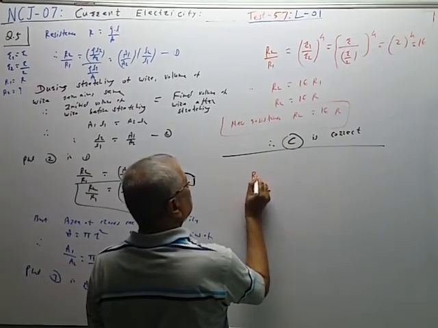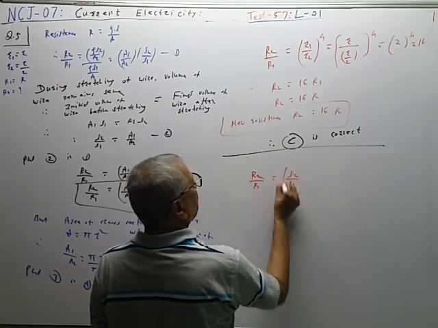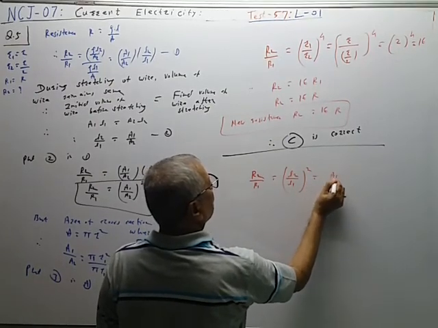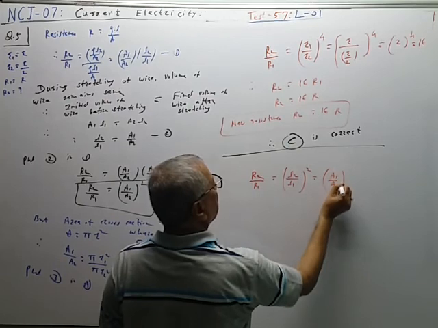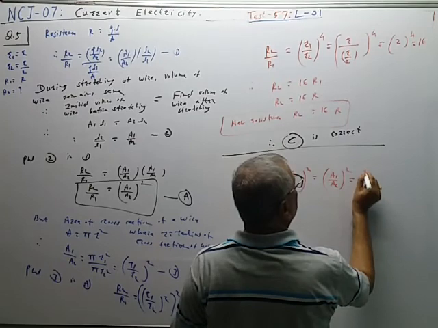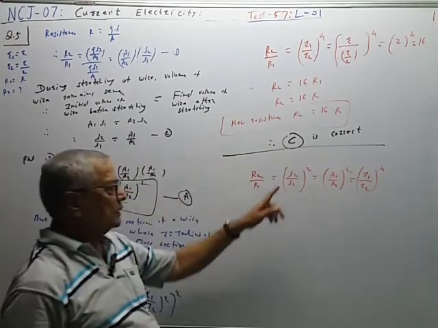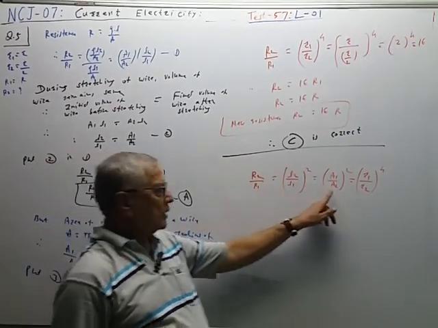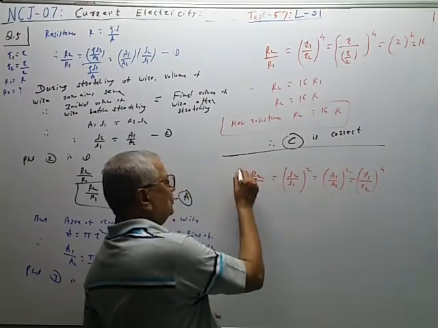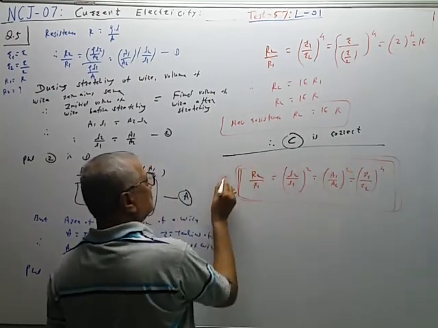R2 upon R1 is equal to L2 upon L1 whole bracket square is equal to A1 upon A2 whole bracket square is equal to r1 upon r2 whole bracket raised to 4. जर लेंथ मधला चेंज दिला असेल तर हा फॉर्म्युला यूज करा, एरिया मधला चेंज दिला असेल तर हा फॉर्म्युला यूज करा आणि रेडियस दिले असेल तर हा फॉर्म्युला यूज करा. सो दिस 3 types of relations are required while solving the problem.